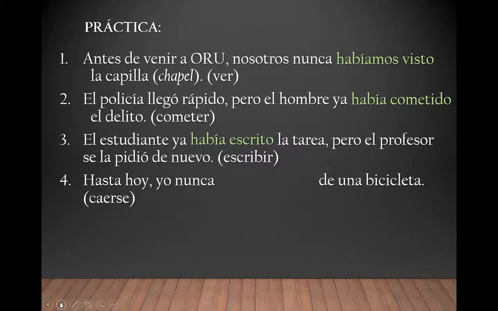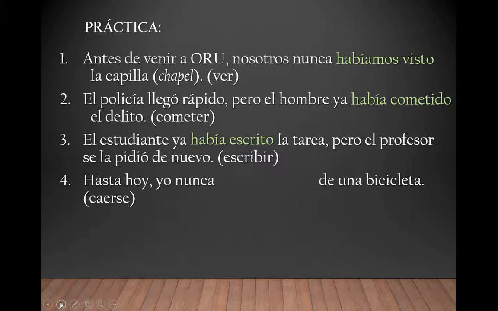And I chose a reflexive verb because I wanted you to see how you conjugate reflexive verbs when you're dealing with perfect tenses. Well, since you're saying I never had fallen off a bicycle, that se is going to have to come off the end, and you're going to put it all the way in front. And because it's reflexive and it's I had never fallen, that se would change to me.